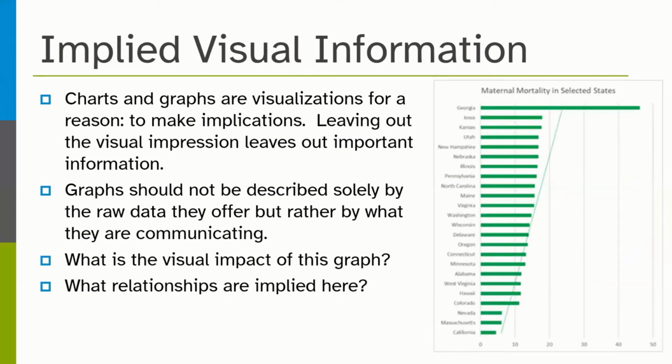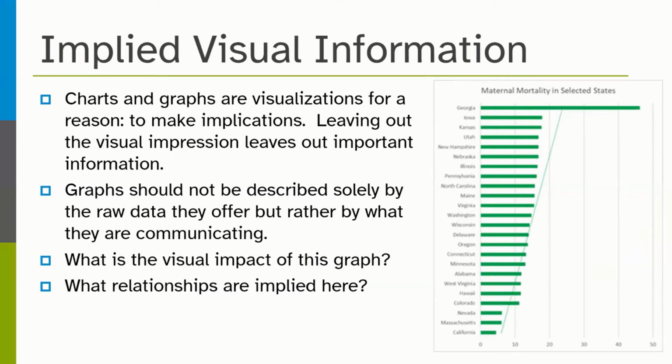When you're finished writing your alt text, I would say take a step back if possible and think about what the visual implications are. What is the overall visual impression of the graph? Often someone has graphed this data in a particular way to make a point. So in this example, I have a bar graph titled Maternal Mortality in Selected States.